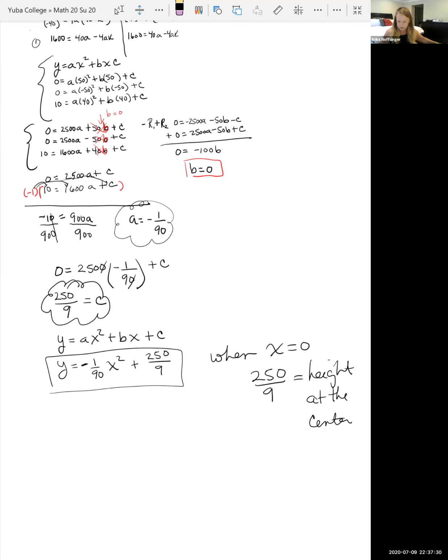If we look at 250 over 9, we get about 27.8, or they go to the hundredths, so 27.78 feet.